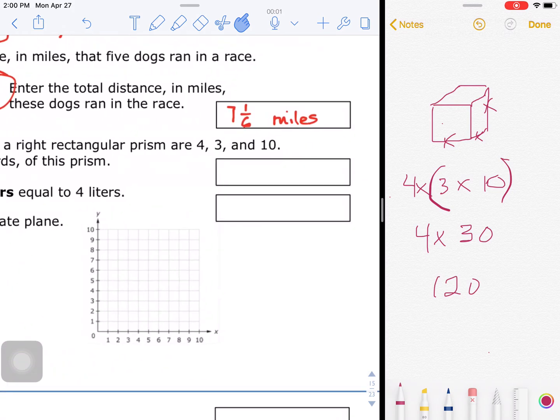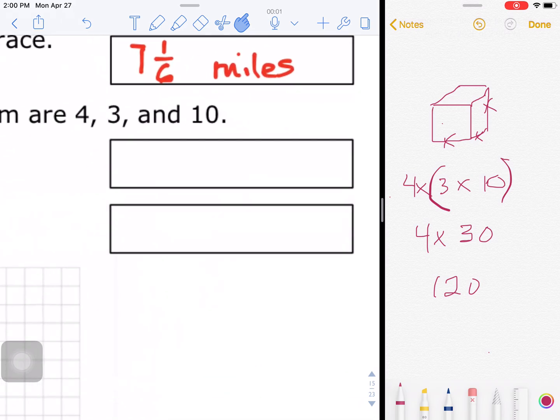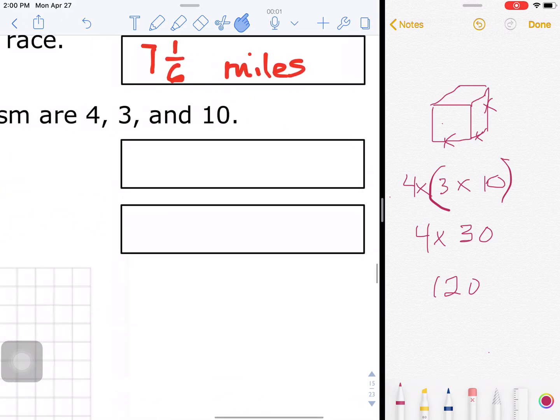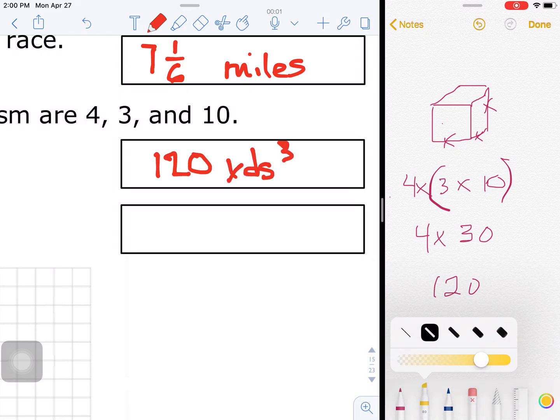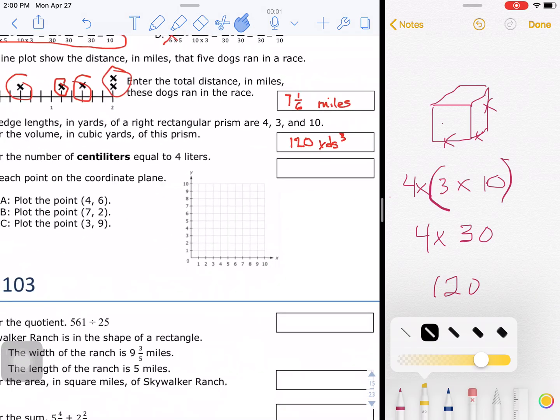And our measurement is in yards. So I have 120 yards cubed.